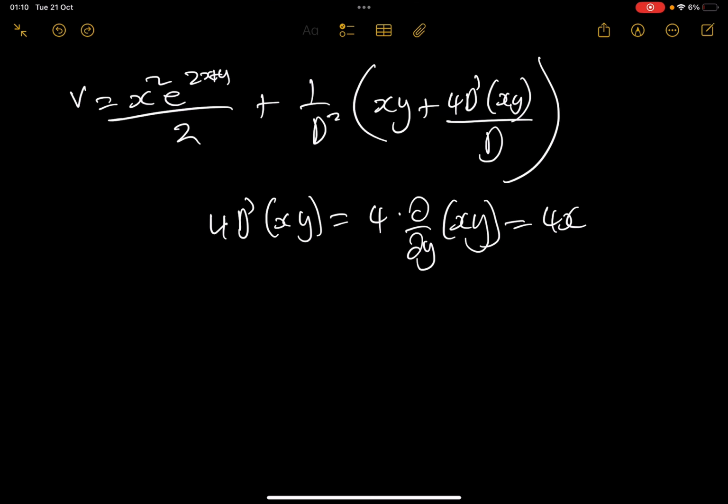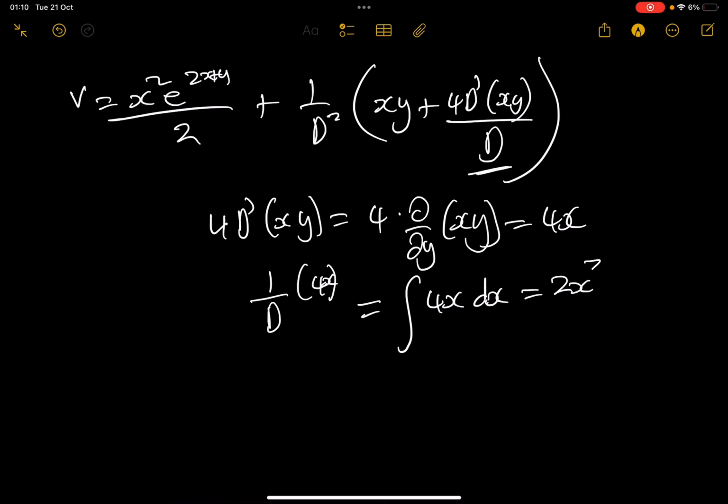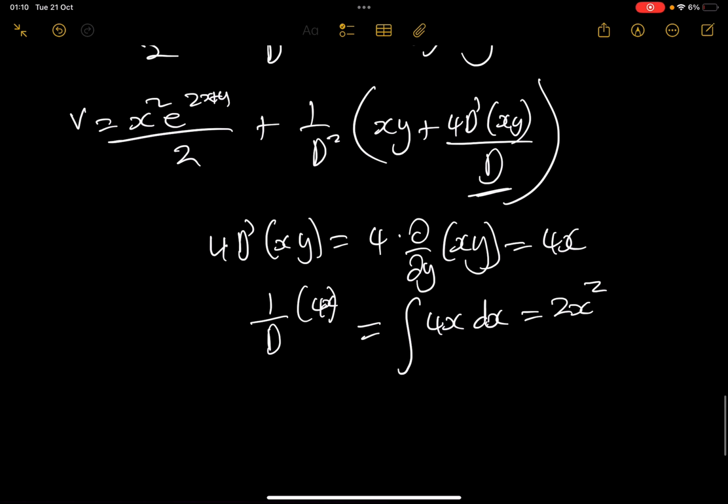And then we have 1 over D of 4x, because of this D. So we know that 1 over D is the integral of 4x with respect to x. So this is going to be 2x squared. So now instead of these, we can just write 2x squared.